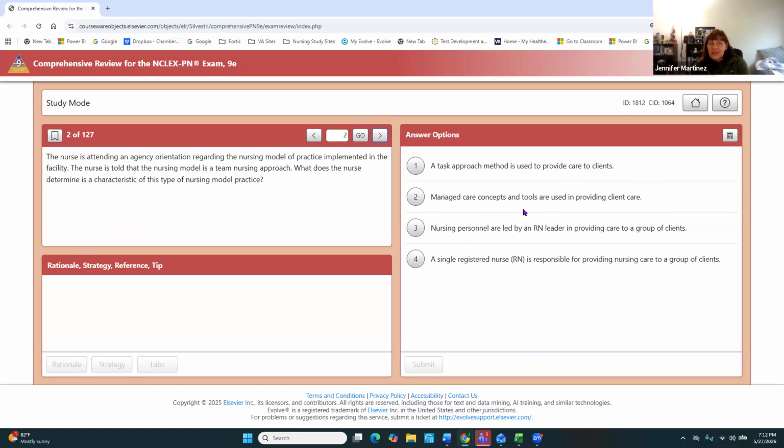Two, managed care concepts and tools are used in providing client care. Three, nursing personnel are led by an RN leader in providing care to a group of clients, or a single registered nurse is responsible for providing care to a group of clients. So we have a nursing model and we're using a team nursing approach.